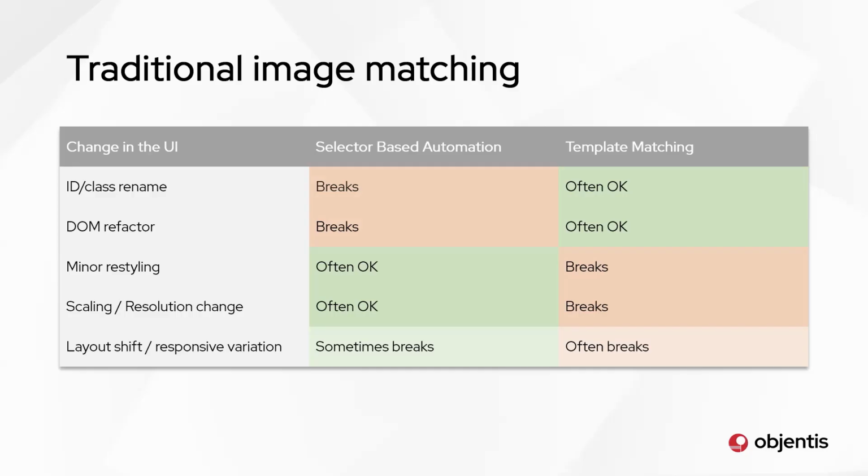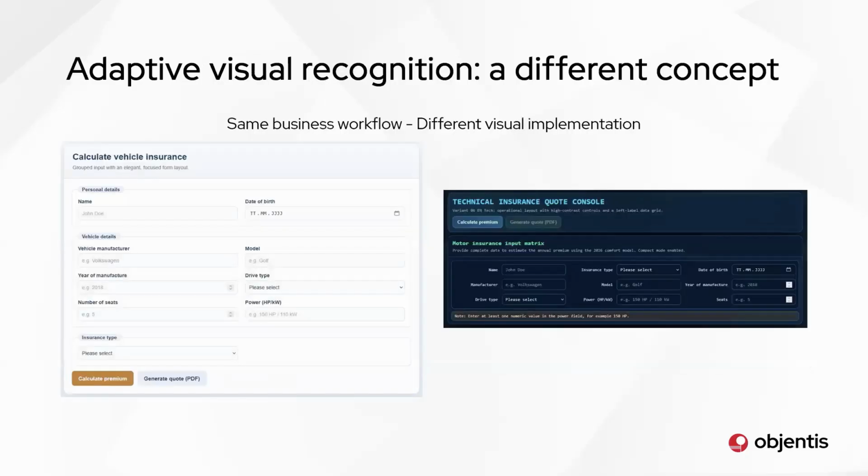The thing about adaptive automation by visual recognition is to leave out the selectors at all, but also not look at specific pixels or specific reference images for your automation, but do something else, right? So, kind of a different concept.